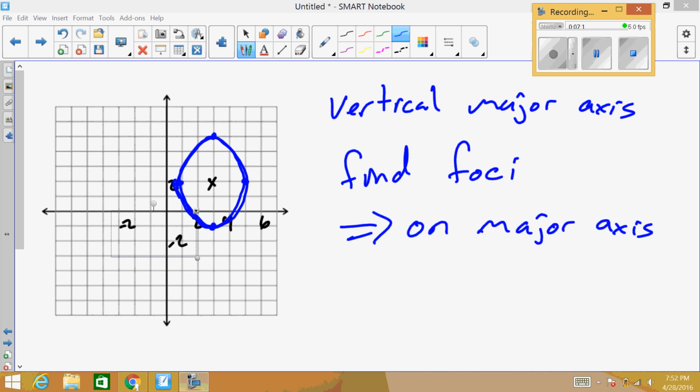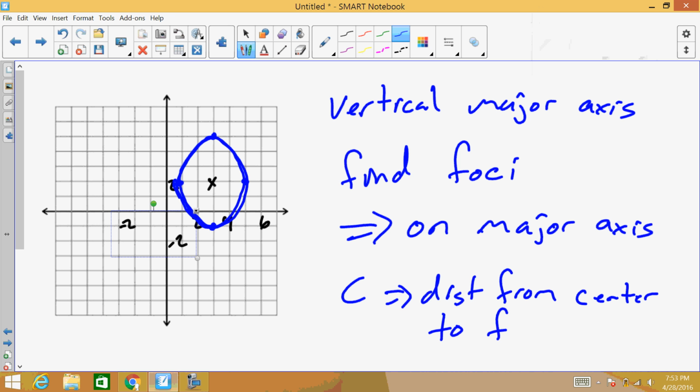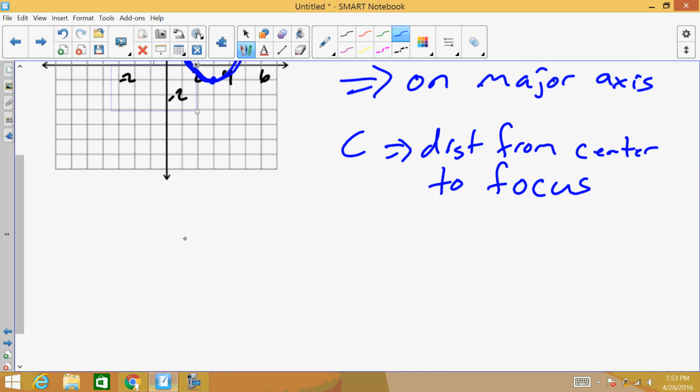So here we go. Well, I need to find these foci. So what I'm going to do is use C. And C is going to be my distance from my center point to my focus. And the way I find my C is C squared is going to be equal to whichever is bigger. In this case, B squared was bigger than A squared.